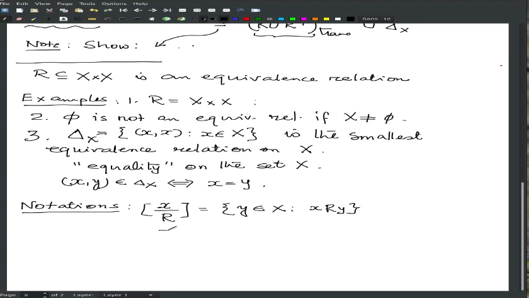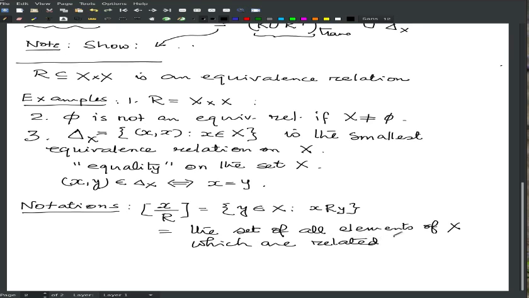So this is the set of all elements of X which are related to x by R. Obviously this is non-empty because the relation is reflexive. x is related to itself, so x belongs to this.